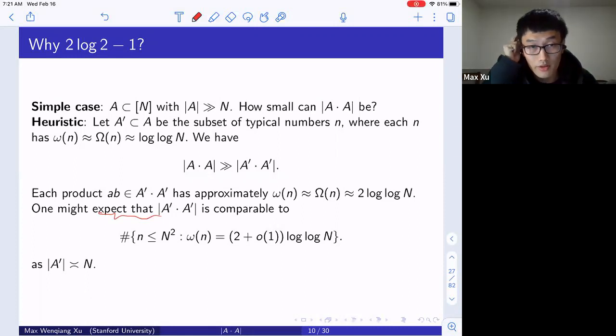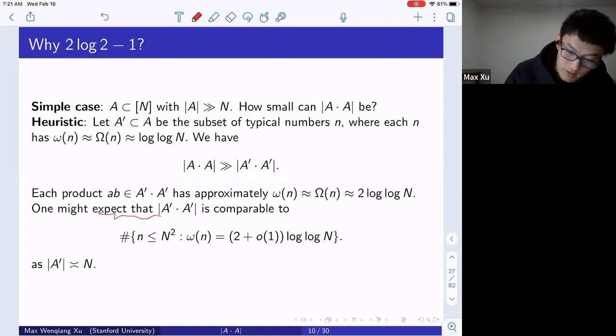And we might expect that A prime dot A prime is comparable to the number of all integers up to n squared such that omega of n is around 2 log n. The reason we might expect such a thing is that our A prime also has roughly constant density, so this is also big theta.